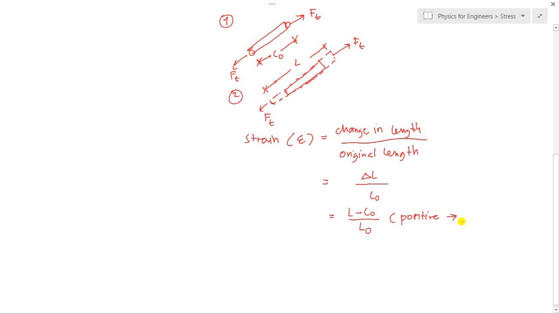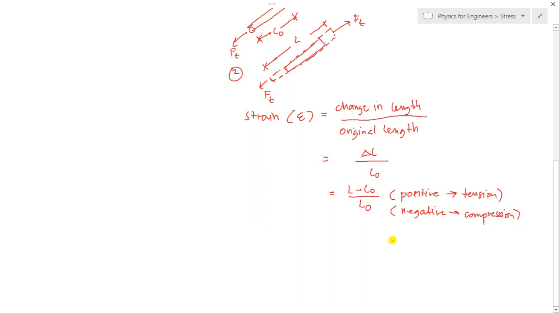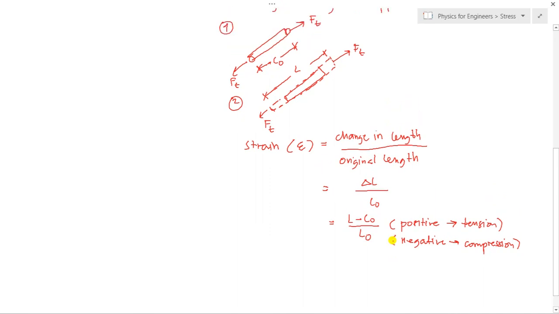So if the value of our strain is positive, this is tension. If we have a negative value, of course the opposite, compression. Meaning we compressed or pushed it. That is the formula for strain. Again, strain is the change in length over the original length.